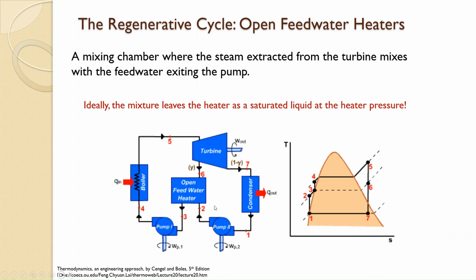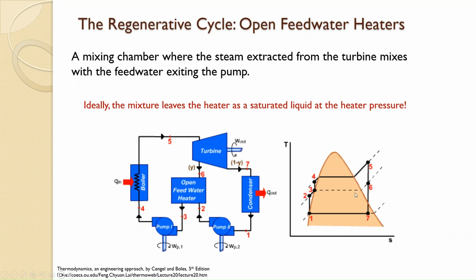It enters the open feedwater heater and is mixed with the feedwater that comes from the condenser. And since the pressure of the extraction is higher than the condenser, we need an extra pump here in order to transfer the open feedwater heater output back to the boiler.